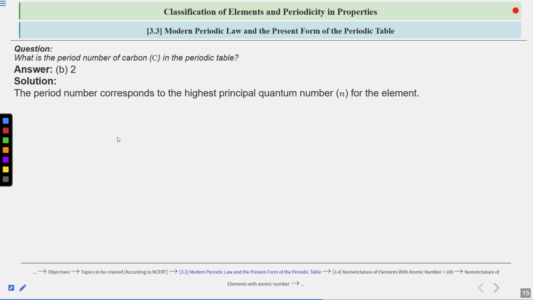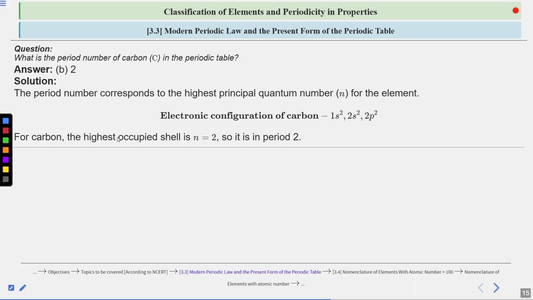But if you are able to write its electronic configuration, then you can simply look at its highest principal quantum number and identify which period it belongs to. Now questions are asked from here in the PYQs. So if you write the electronic configuration of carbon, you can clearly see that the highest principal quantum number is 2. Therefore, carbon will lie in period number 2.